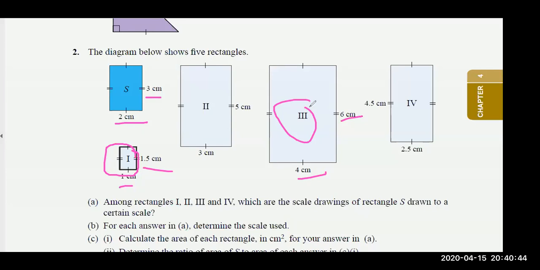Actually, you can check based on this line. Like this example, 4.5 and 2.5, right? 4.5 divided by 3 is equal to 1.5. And this one, 2.5 divided by 2 is 1.25. It means that 1.5 and 1.25 are not equal. So this one is wrong. The same thing for this one. 3 divided by 2 is 1.5. 5 divided by 3 is 1.67. So this one is also not the same.